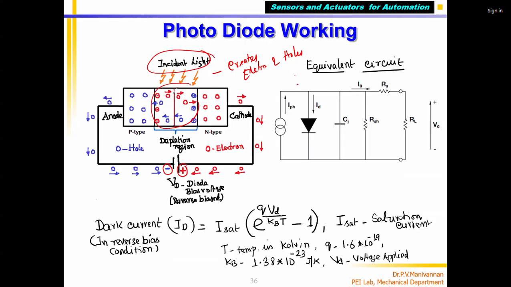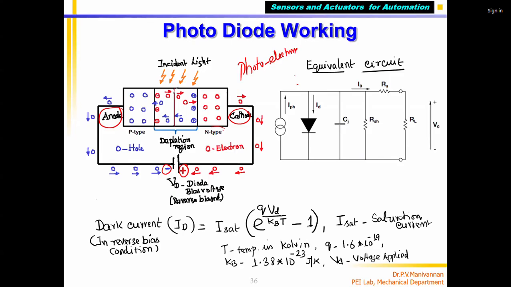The holes from the P-type material will be attracted to the negative of the reverse bias battery, and the electrons will be attracted by the positive of the battery. Reverse bias means I connect N, the cathode, to the positive of the battery and the anode to the negative. When light is not there, the diode will not conduct and current will not flow. But if light falls on it, it creates additional electrons, photo electrons.